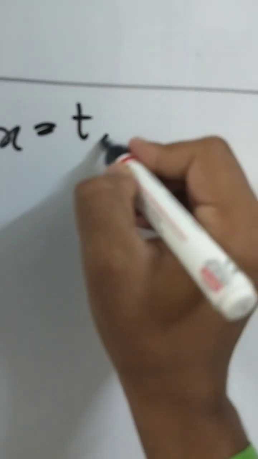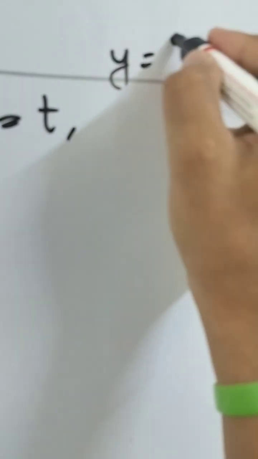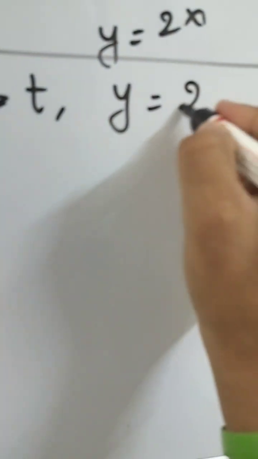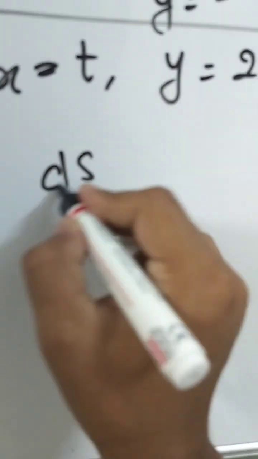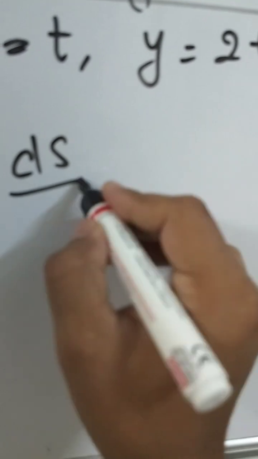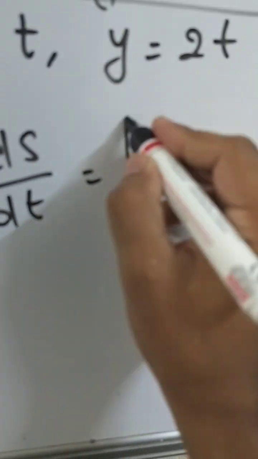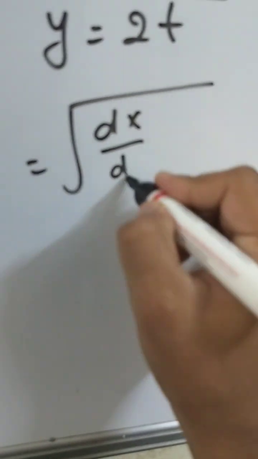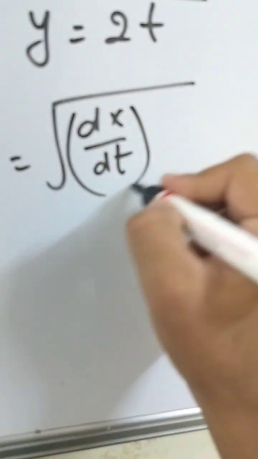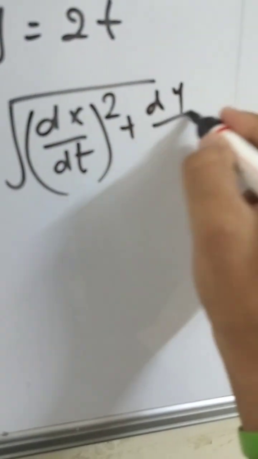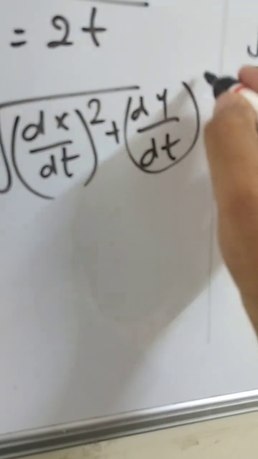Suppose you change into the parametric form, like x equals t. Here y equals 2x, so y will be 2t, and in that case ds by dt will be the square root of dx by dt whole square plus dy by dt whole square.